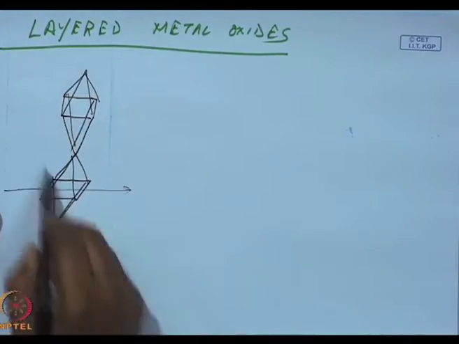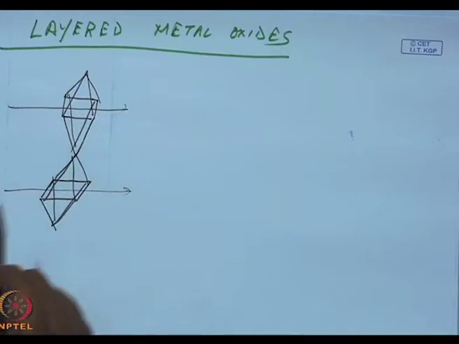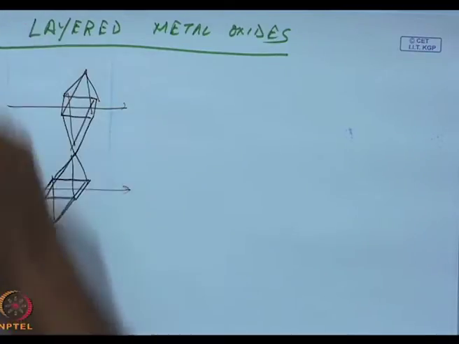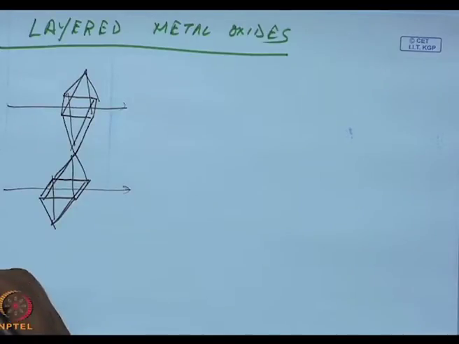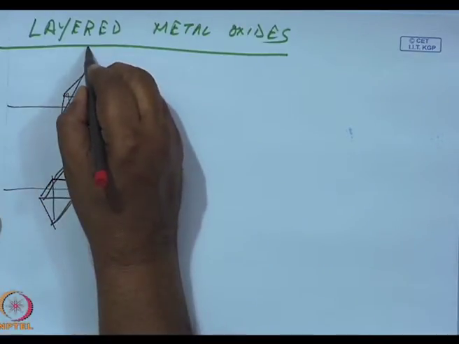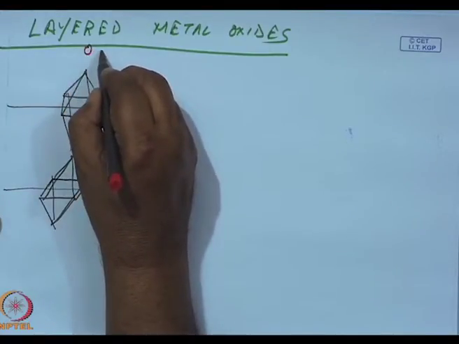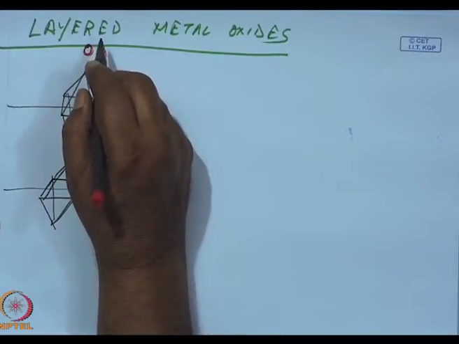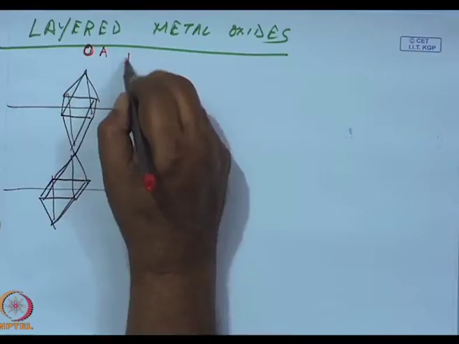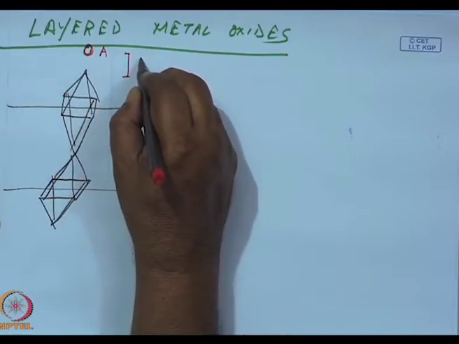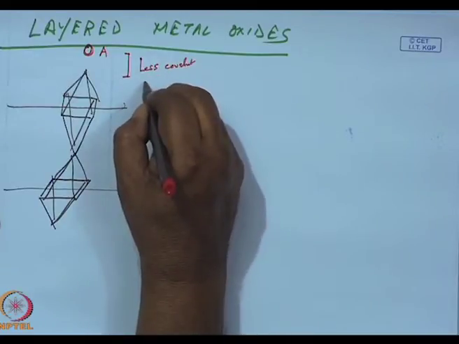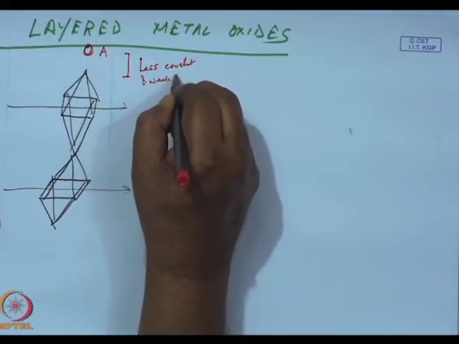So, this is one layer of perovskite, this is second layer of perovskite. Now, I am going to target a few places and see what happens. I place a cation A over here at this particular place. Here I will have less covalent and weak bonding.